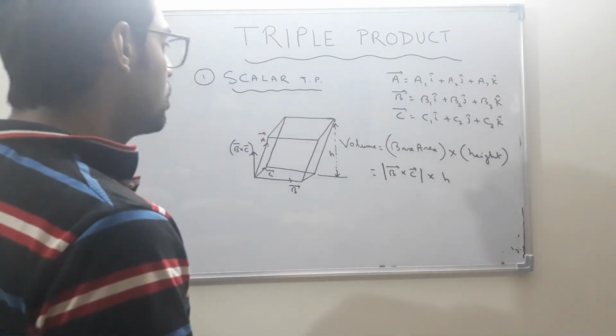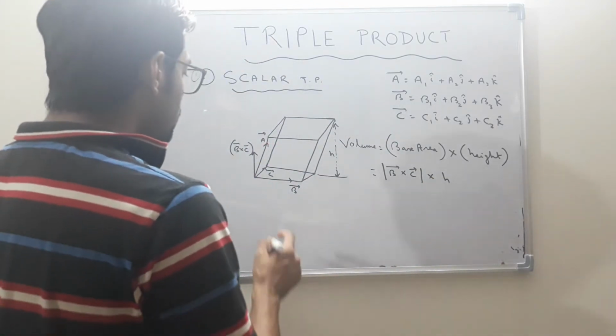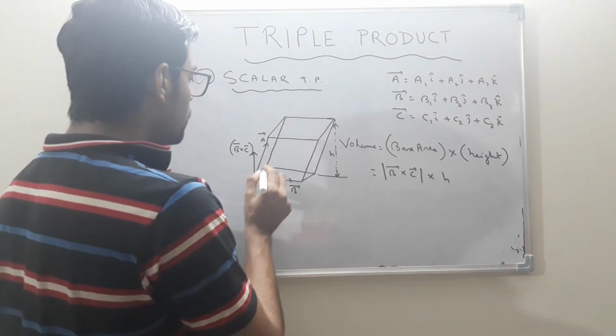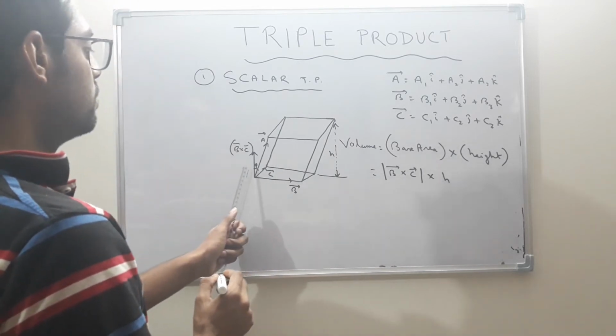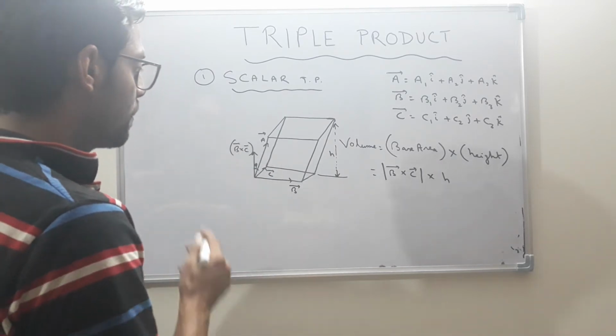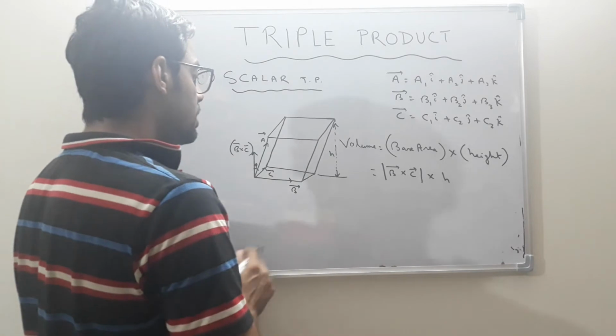So what will be the height? Suppose this B cross C makes angle phi with the A vector.